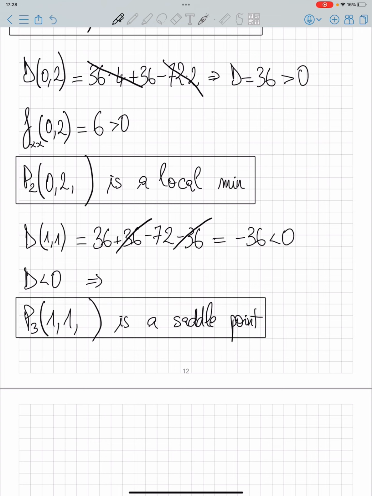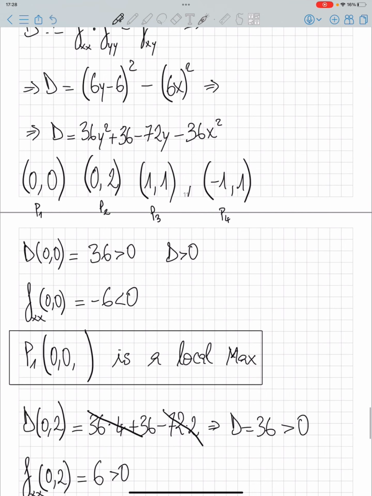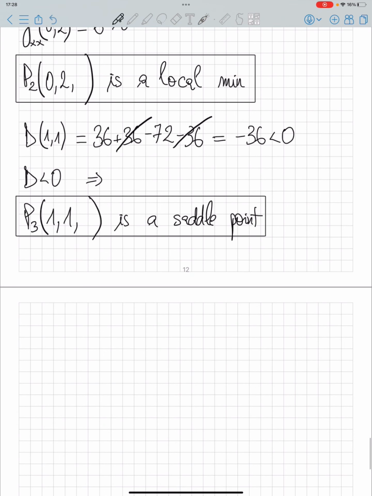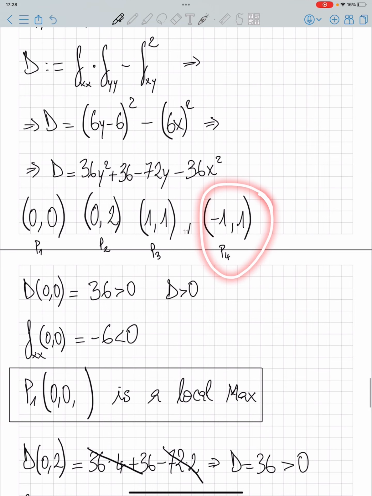Now we need to find the last point, which is P4, (minus 1, 1). So let's do the same. D(minus 1, 1), the D is here, so we're gonna substitute minus 1, 1 in this.